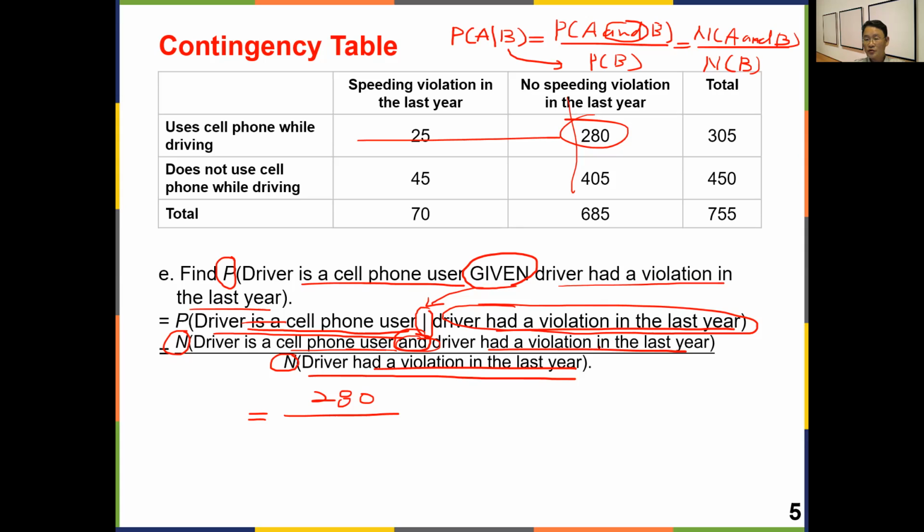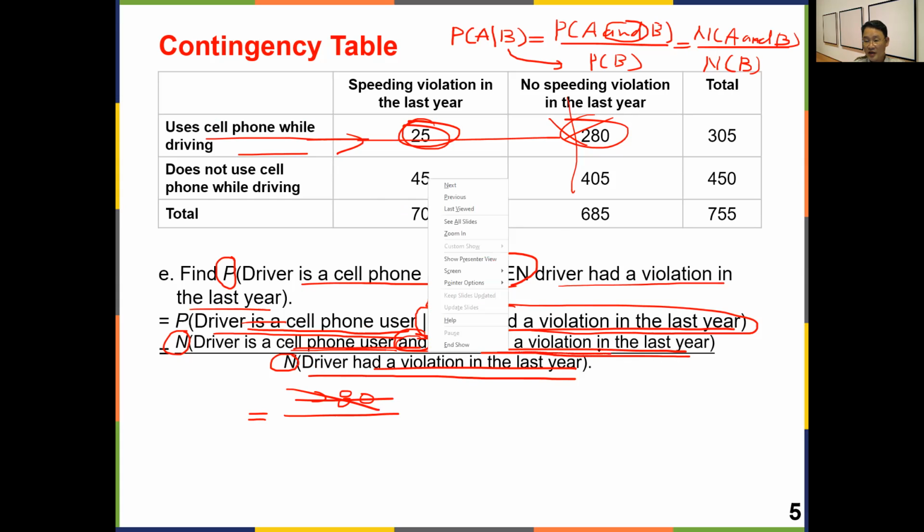Oh, no. Made a mistake, right? This is had speed violation, not this, but this, right? This is how many people that used cell phone, this first part, and had speed violation, which is this part right there.